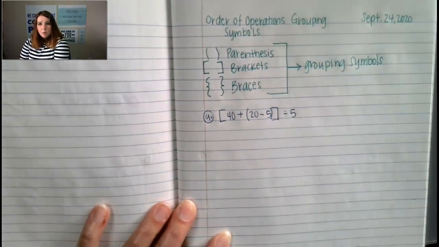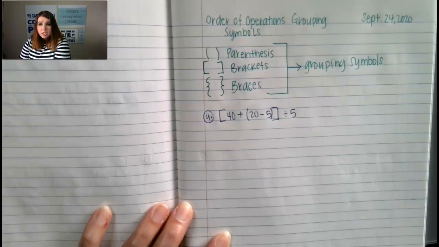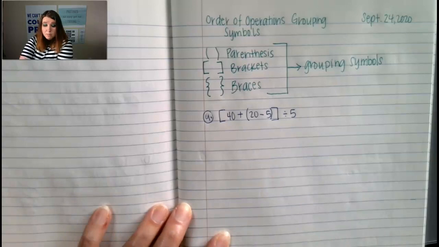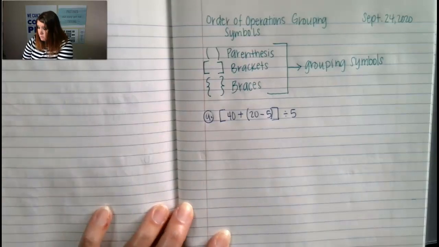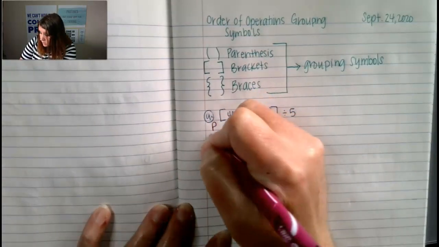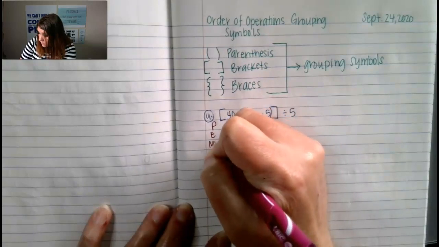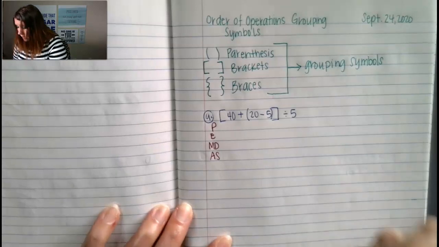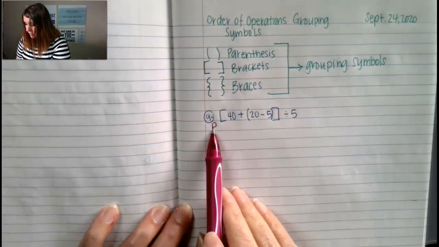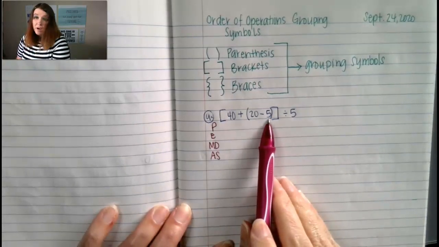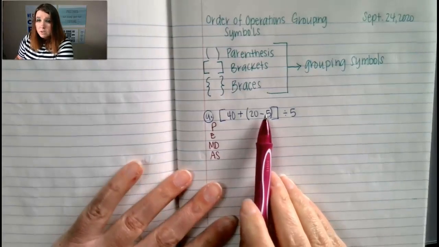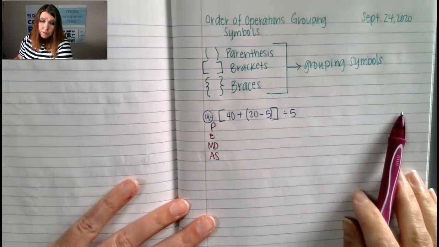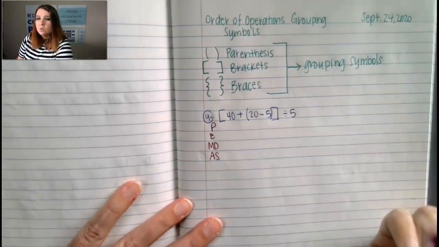Now when we solve this problem, we're going to start in the innermost parentheses, using our little checklist that we've set up. We can also start out to the side and see how many groups of operations we need to solve.